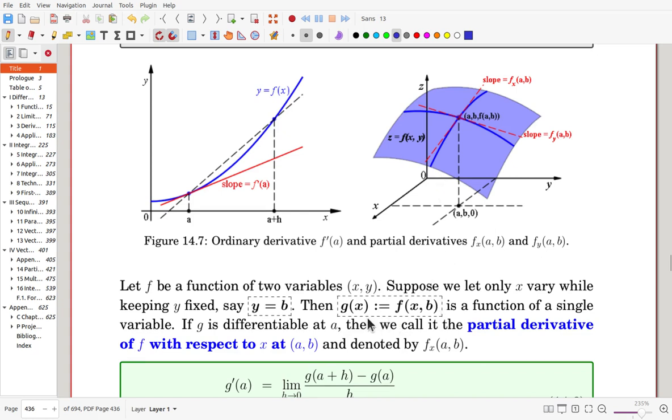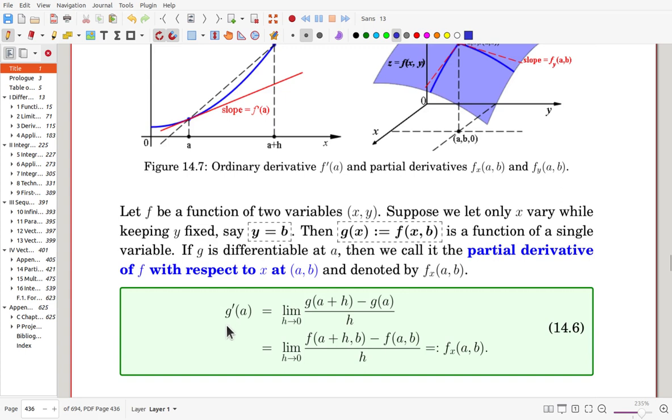And we say that is z equals g of x. Then for this one, we try to find the slope. So g prime at a is limit as h approaches 0 of this quotient.